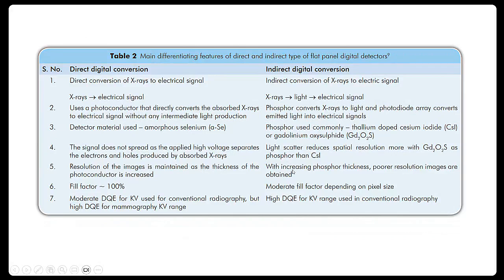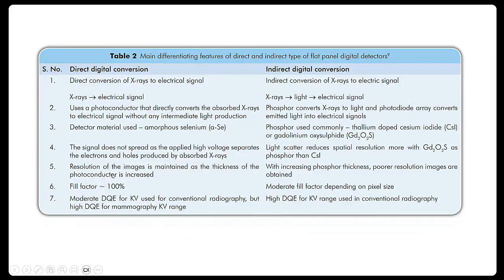Then in case of indirect digital conversion, with the increase in phosphor thickness, poorer resolution images are obtained. So as we increase the phosphor thickness, the resolution of the images is poorer. In direct digital conversion, the resolution of the image is maintained even if the thickness of the photoconductor is increased.